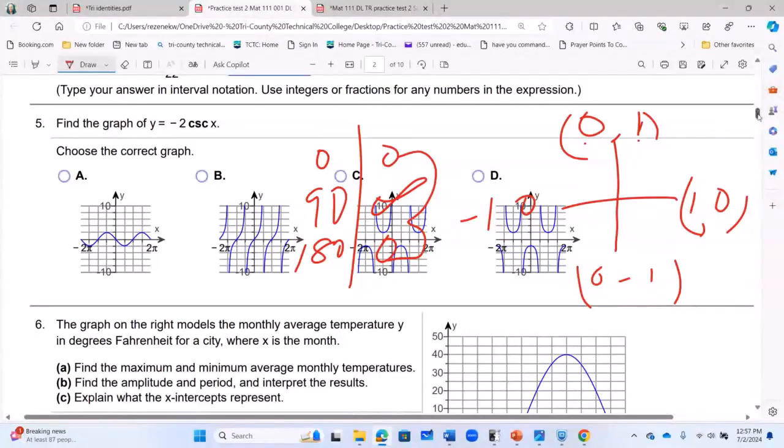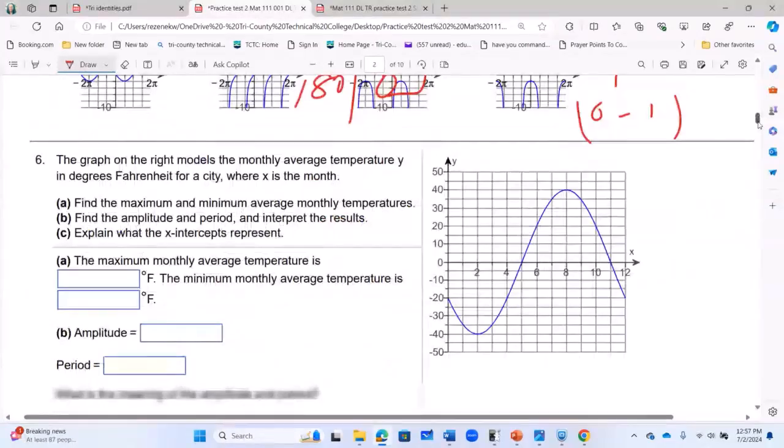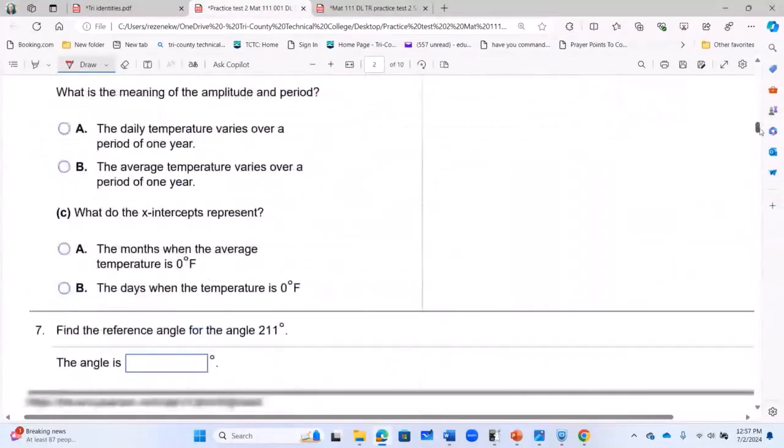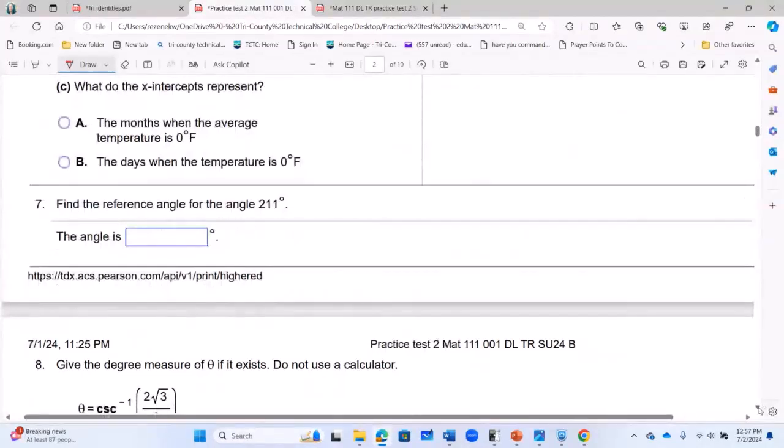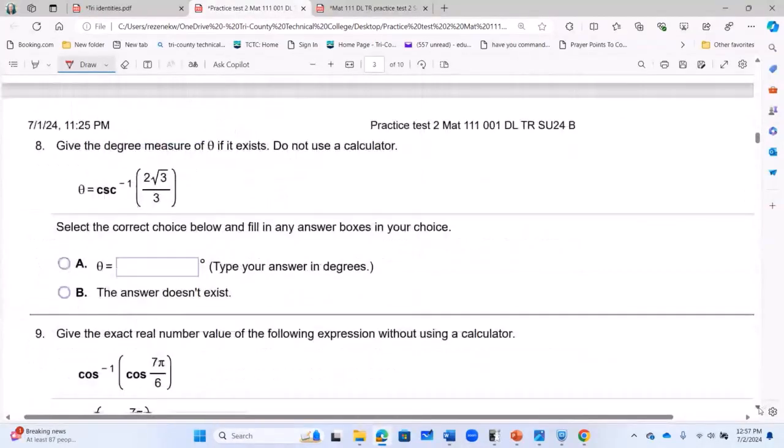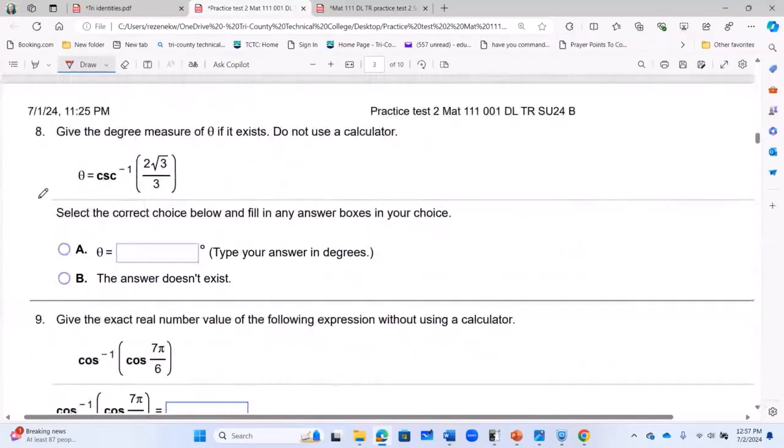But there are things you can use to do this. We talked about reference angles, but we're not going to talk about reference angles today. If you are told to find this angle, give the degree measure of theta if it exists, do not use a calculator.